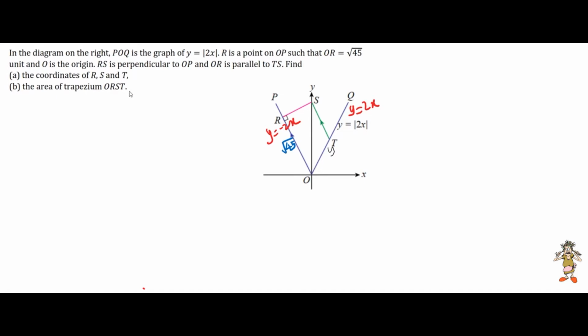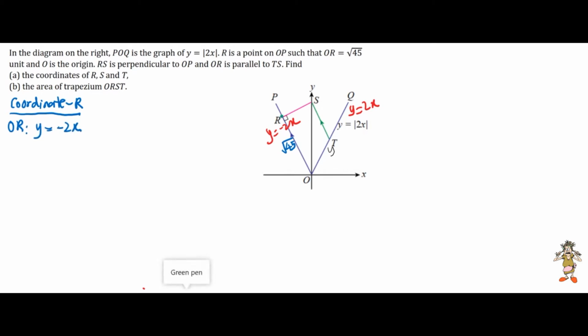First of all, we need to find the coordinate of R. We know that our equation for OR is y equals negative 2x.